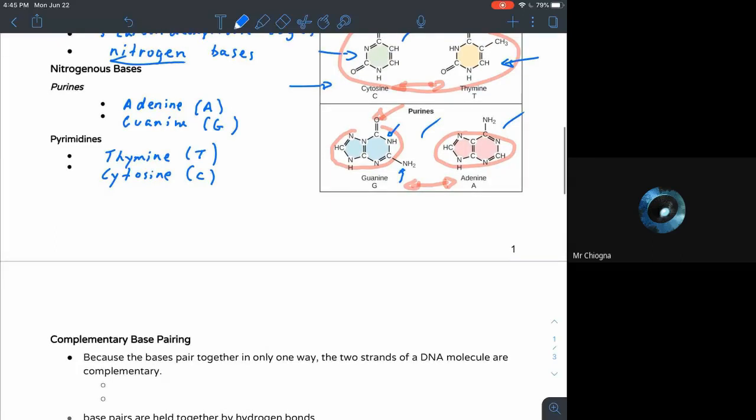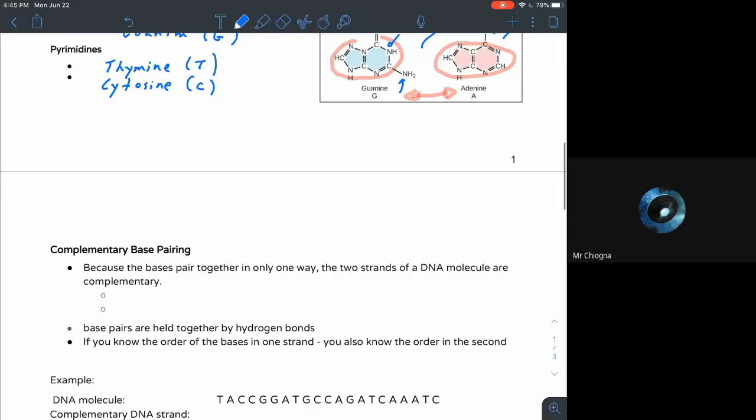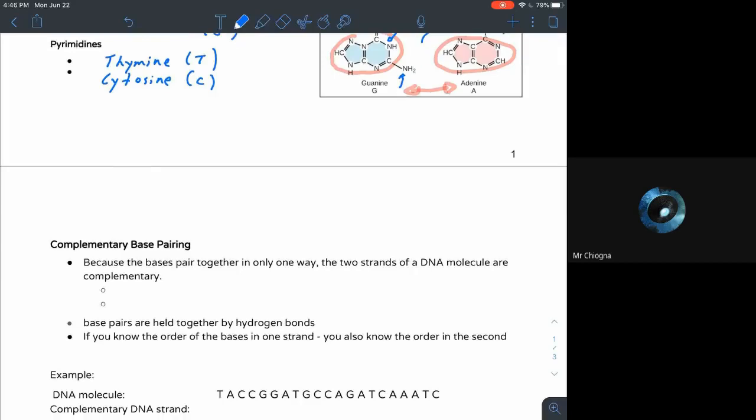Okay, so let's go on here. It says because the bases pair together in only one way, the two strands of DNA molecules are complementary. You already know this rule, but I'll remind you of it.